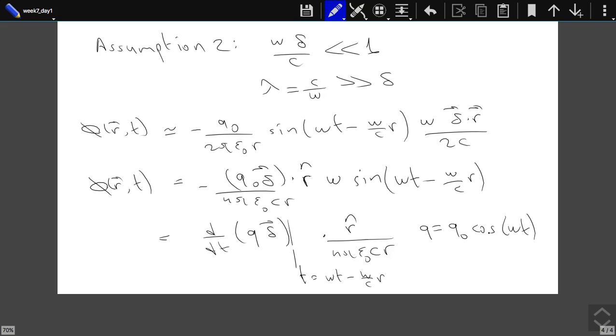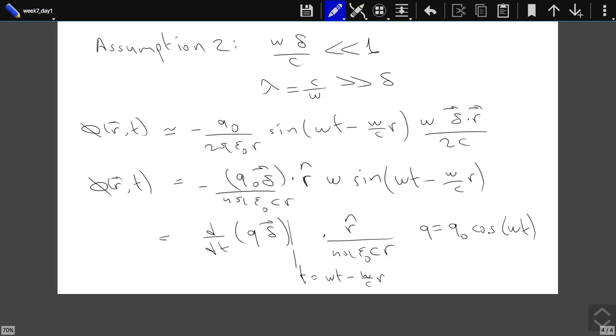So this expression, I can just write it in this form. What is q times delta? Remember, I have this minus charge, plus charge over there, and the vector pointing from the minus charge to the plus charge is what I call delta. So the charge multiplied by their separation in this dipole is nothing but the electric dipole moment.